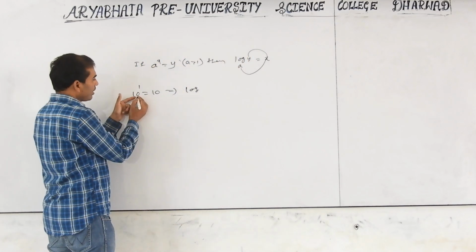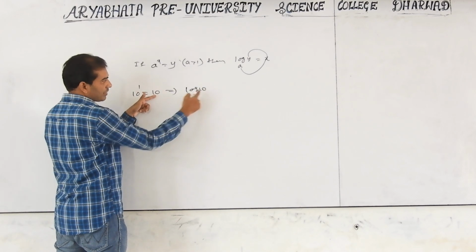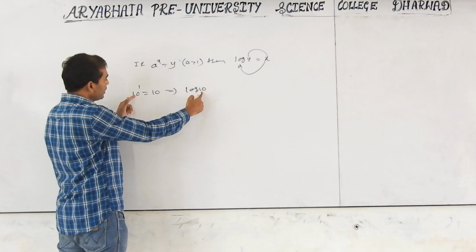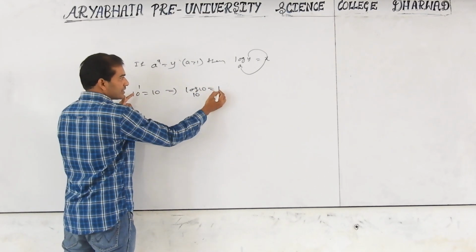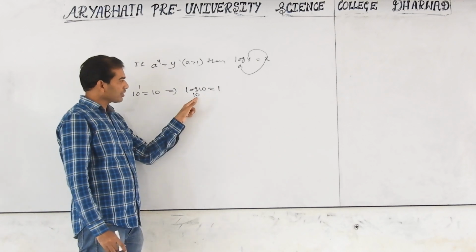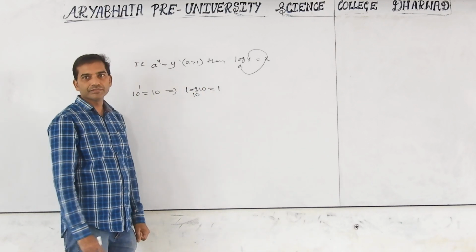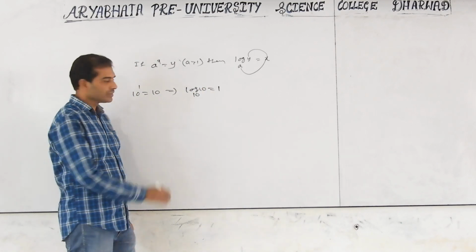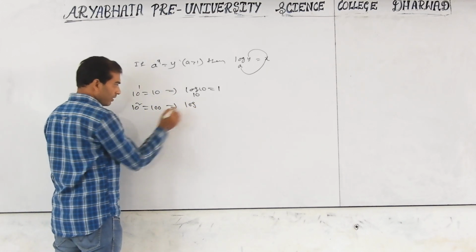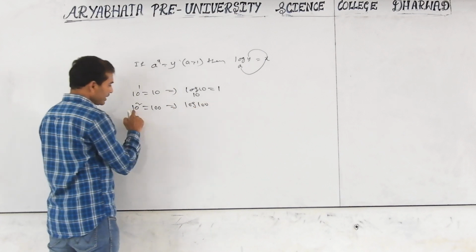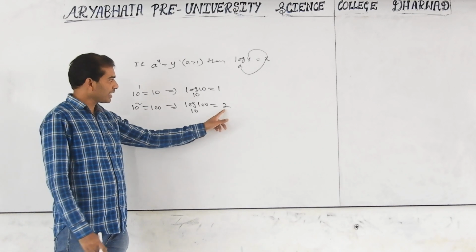Tell me log of 10, what is the base? 10. So we can think like this also. 10 power 1 equal to 10, then the logarithm will be eliminated. 10 square equal to 100. Tell me, log of 100 base 10 equal to 2. Check it. 10 square equal to 100.